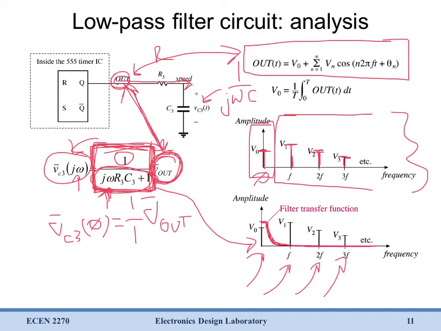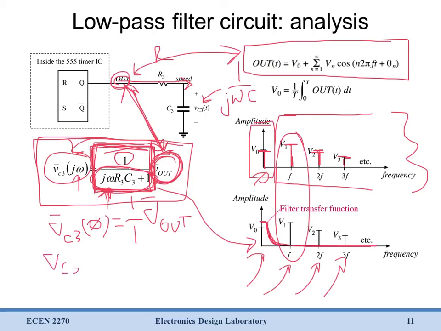So if you're going to try and solve for R3C3, what you might start with is taking a look at this equation. Say you wanted to attenuate this first harmonic by 5 times. Say you wanted it to be 5 times smaller. Well, you can solve for this. You can solve at what point does VC3 over Vout, and these are phasors, equal 1 over 5 at this frequency?